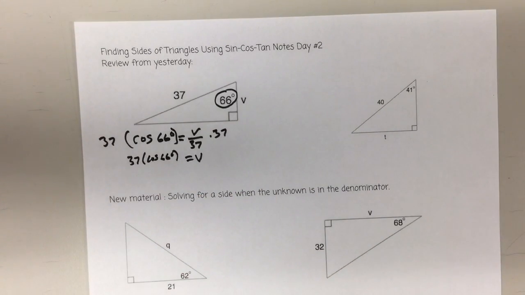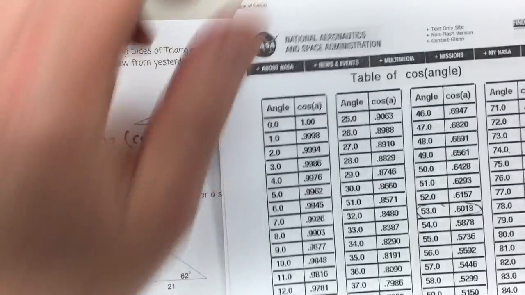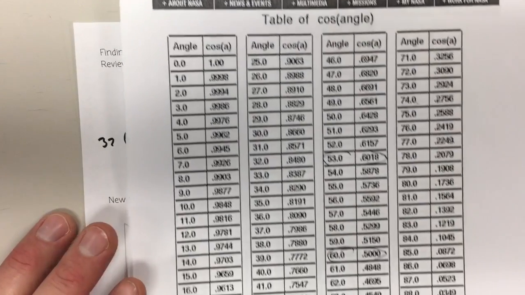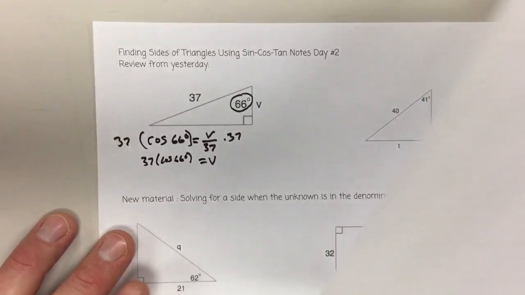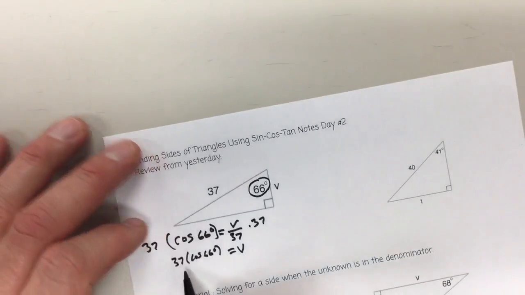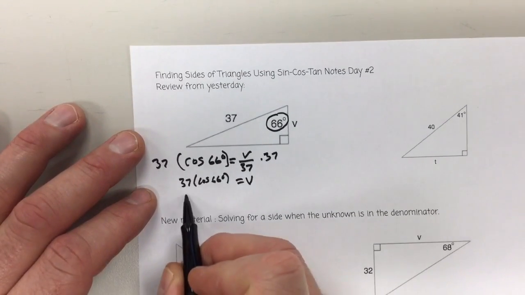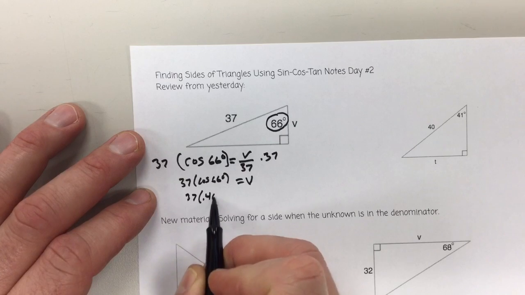Now, we need to change cosine 66 to its decimal. So we take out our table, go to cosine 66, which is right here, and we replace cosine 66 with 0.4067. So this is really 37 times 0.4067.